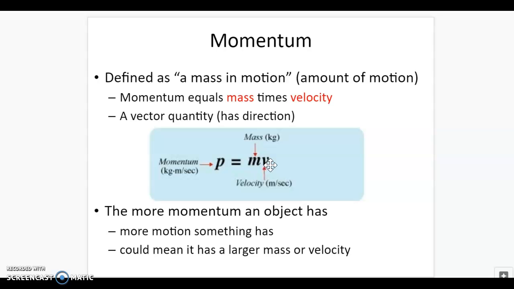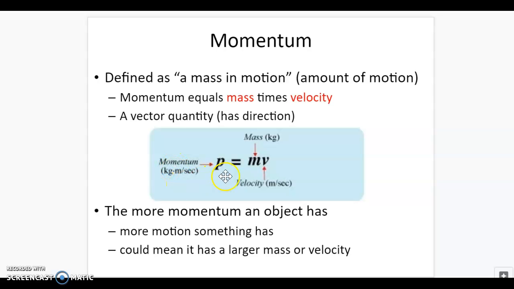What you do need to pay attention to is the units as well. Mass is in kilograms, and it has to be in kilograms. The velocity is in meters per second. We're used to that. The unit for momentum, though, is kilogram meters per second, which is a weird unit.